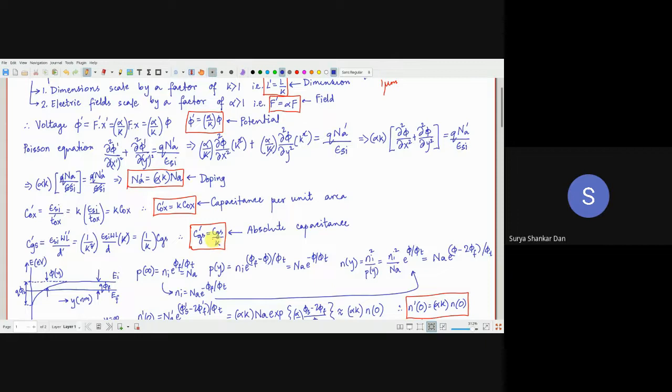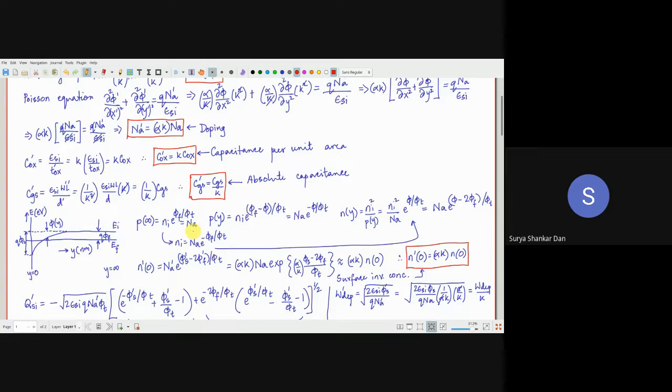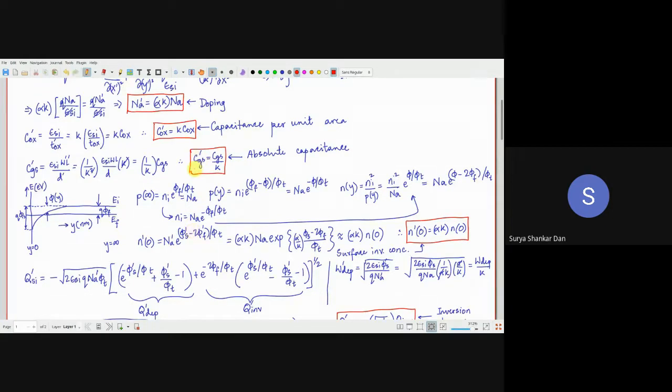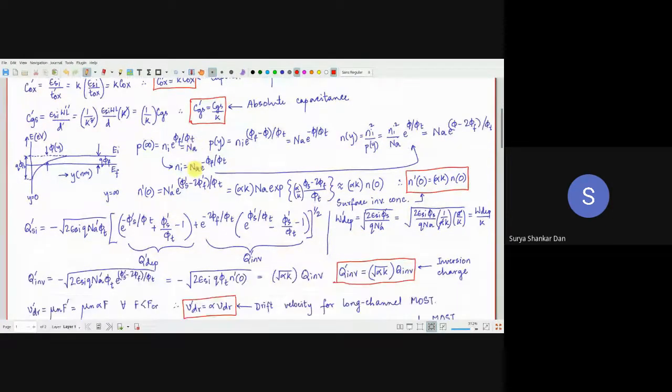That means when you are scaling the device, okay, now let us understand this. When you are scaling the device, remember k is always greater than 1 and alpha is greater than 1. So what do we get here? So when k increases, okay, we will look into those towards the end of this lecture. Now we will come to the other model.